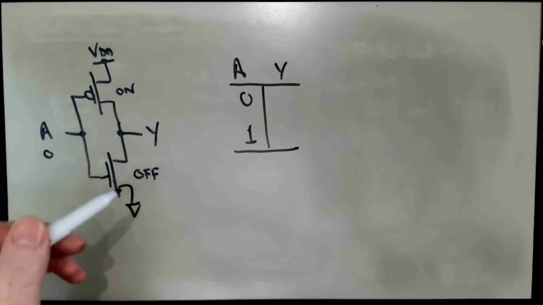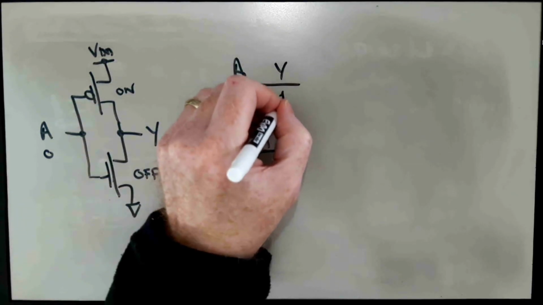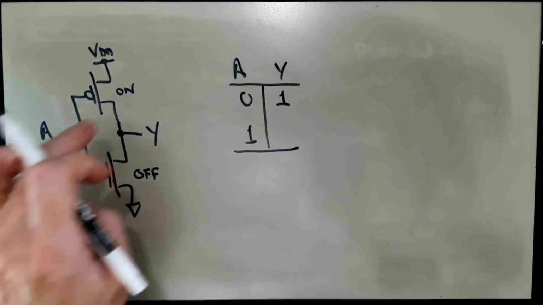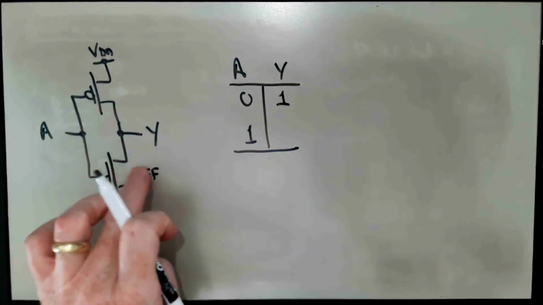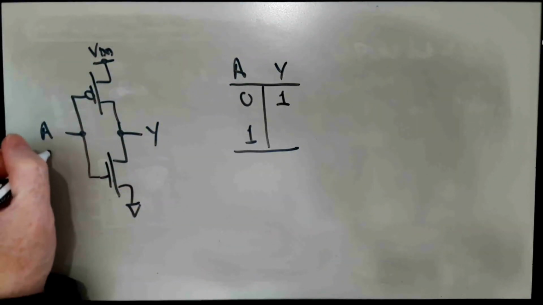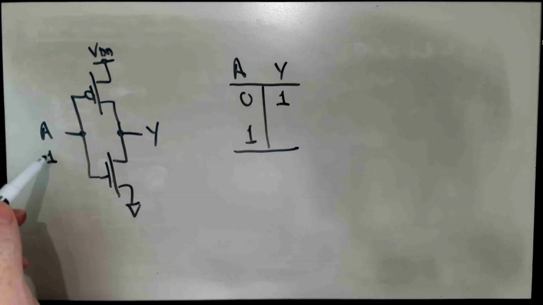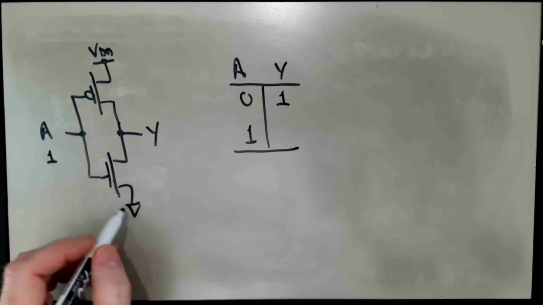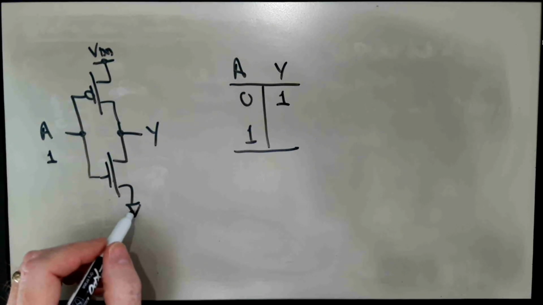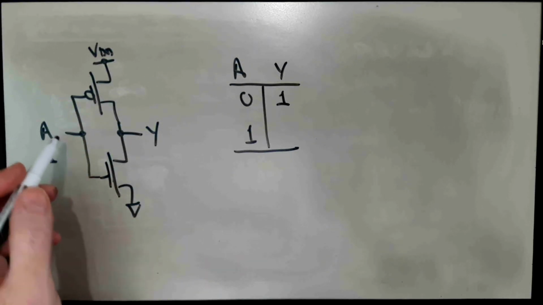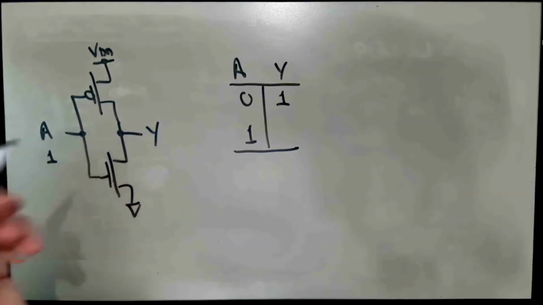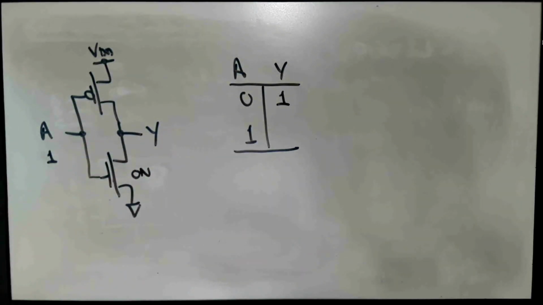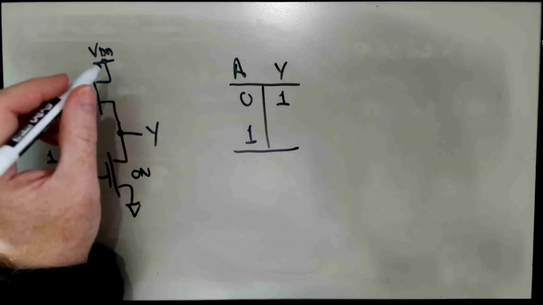So the output Y is going to be a 1. On the other hand, if we make A a 1, tie A to VDD, then the Nmos transistor, which has its source at ground, will have its gate up at 5 volts, or whatever VDD happens to be, making that transistor as on as we can make it.